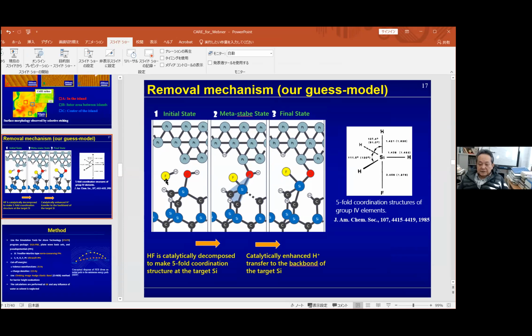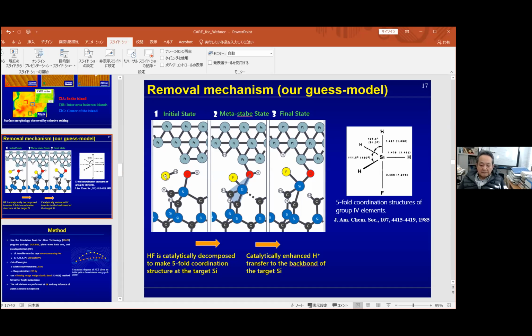But with a catalyst, the interaction between H and platinum, and the interaction between fluorine and silicon, gains energy, and the gained energy is so large in this case.